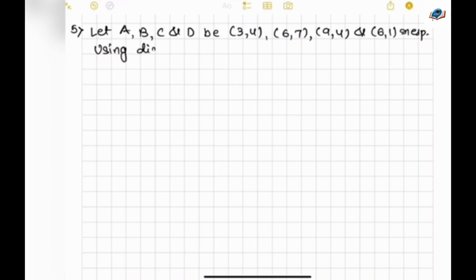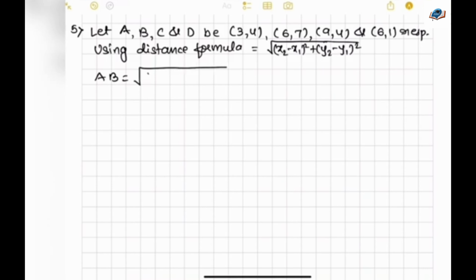So using the distance formula, x2 minus x1 whole square plus y2 minus y1 whole square. Now I am finding first AB.